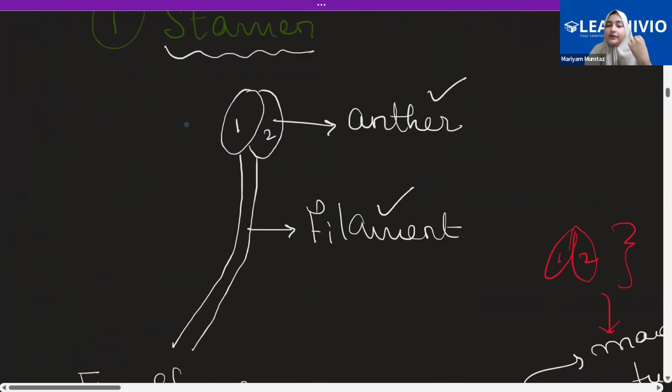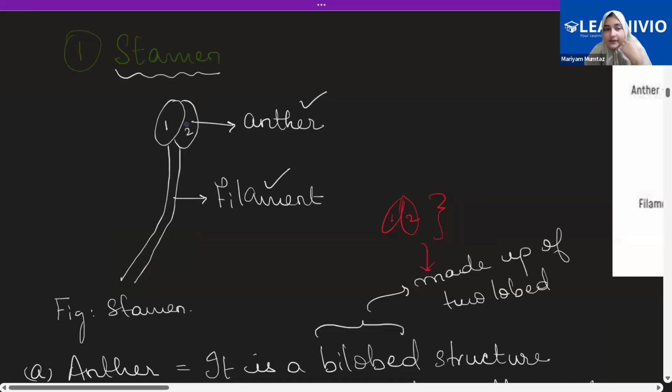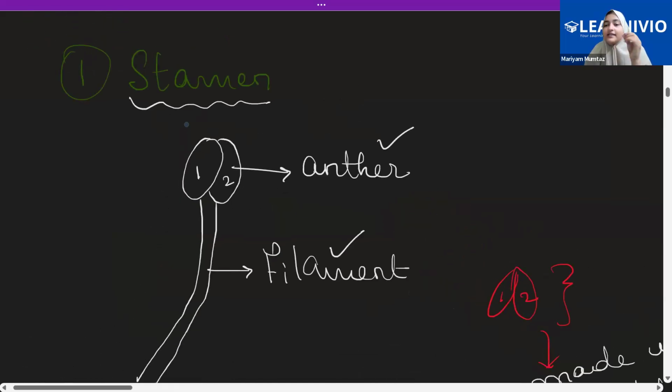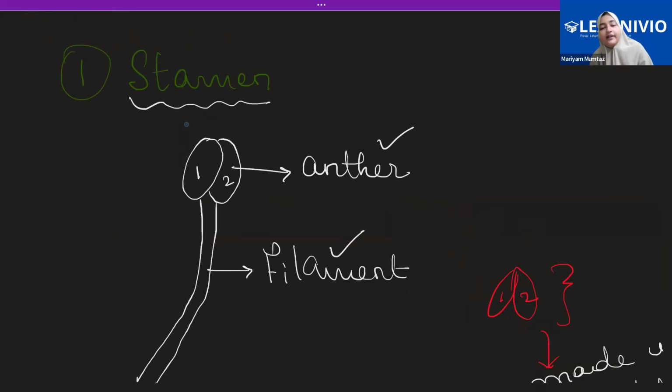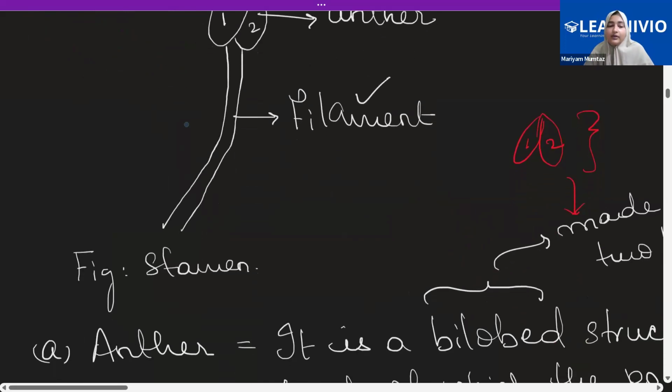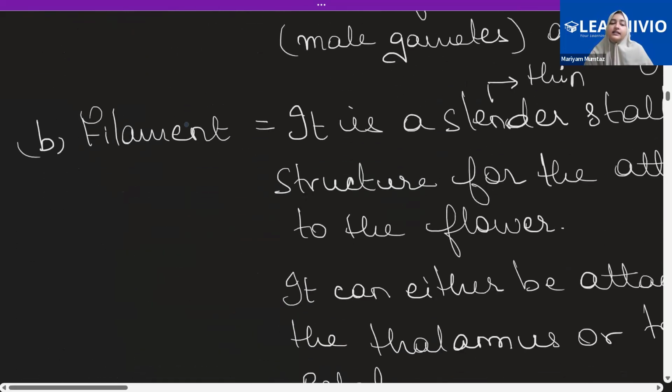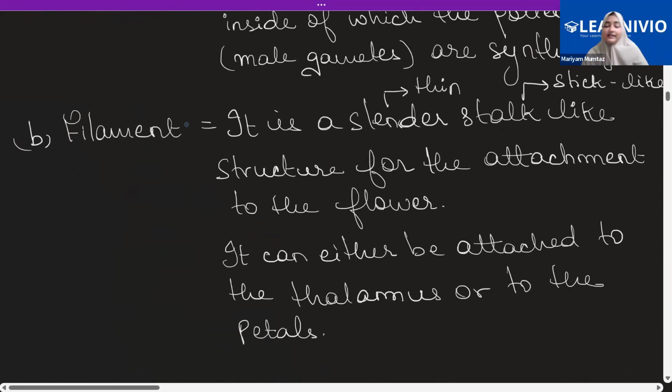So the first part we're going to discuss is the stamen. What is a stamen? It is the male reproductive unit of the flower, which consists of two parts, the anther and the filament. Okay, what is a filament?